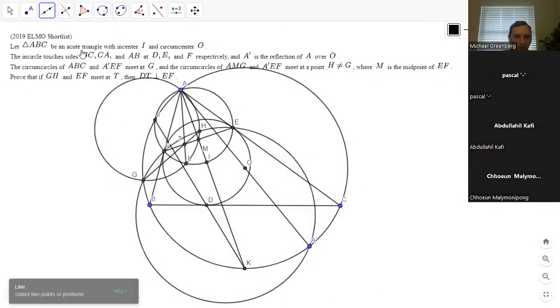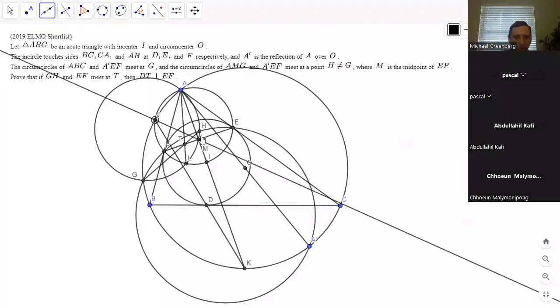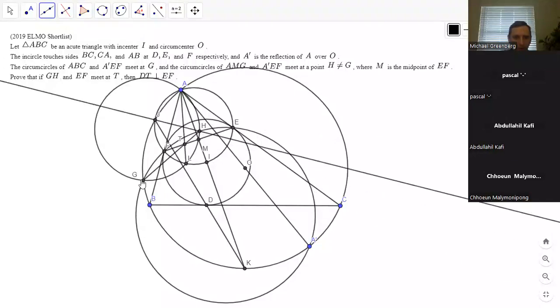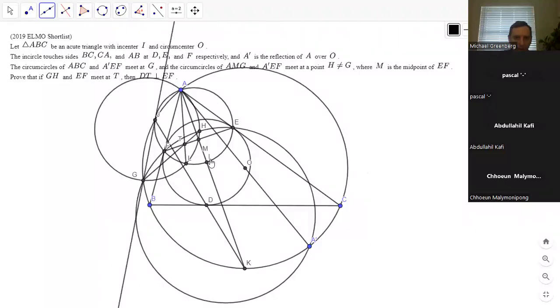So let's see. If we could try this. No, I don't think that does much. We could try this. Or we could try an angle chase.